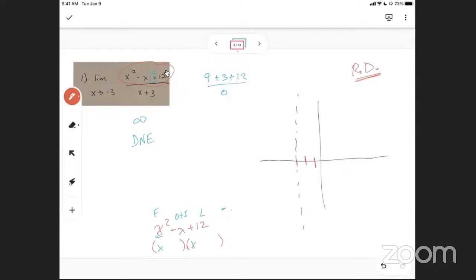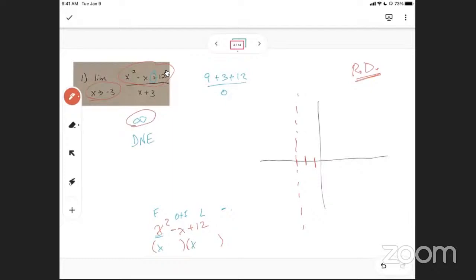And in this case there would actually be a slant asymptote. But you would have a vertical asymptote at -3, which means the limit as x goes to that either equals positive infinity or negative infinity, or you can just say it does not exist.